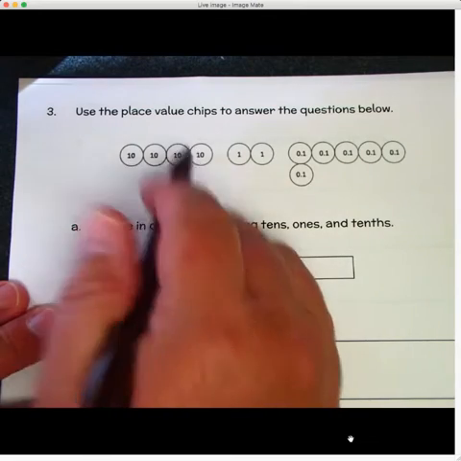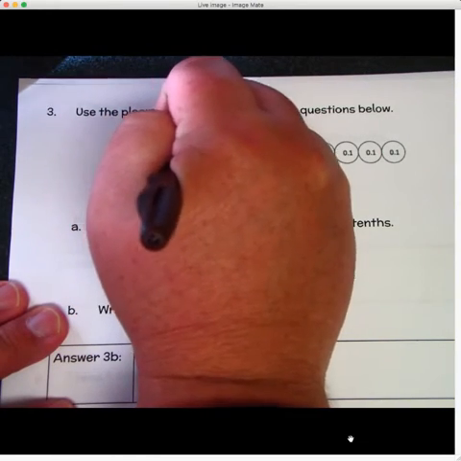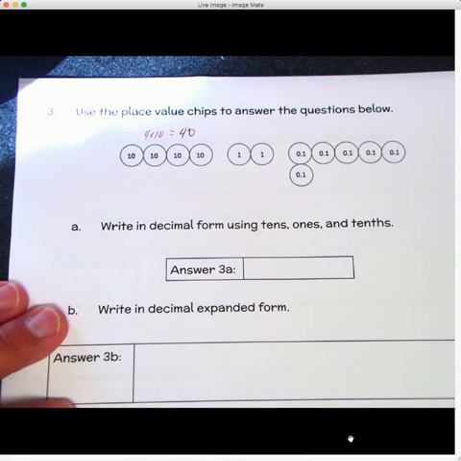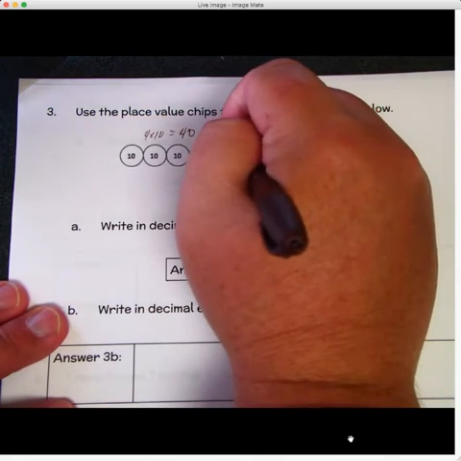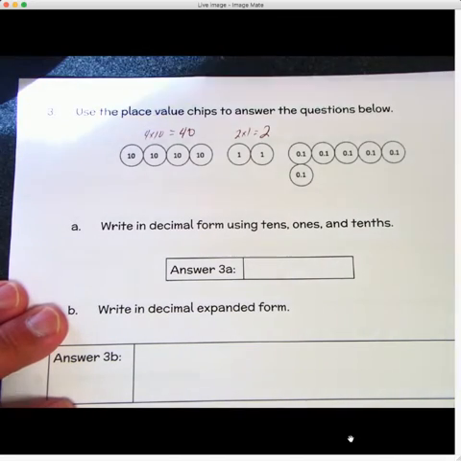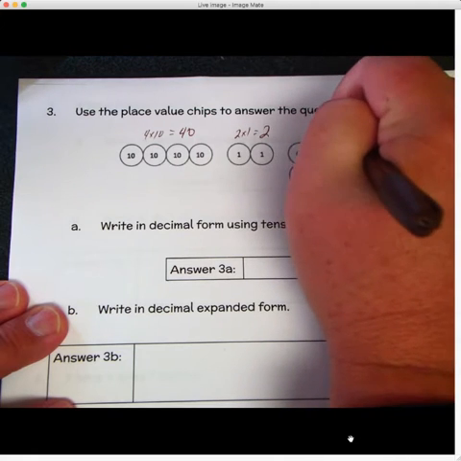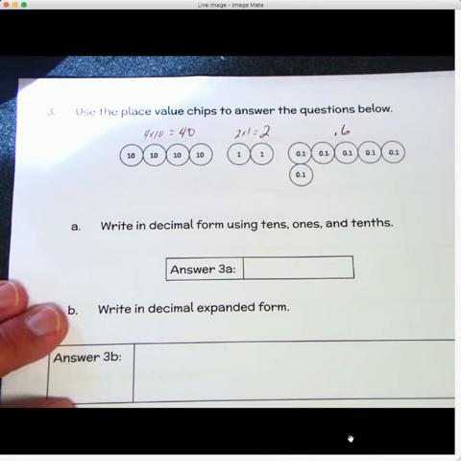If you have 4 tens, that's 4 times 10, and that's 40. I have 2 ones, that's 2 times 1, and that's 2. And I have 1, 2, 3, 4, 5, 6 tenths. So write in decimal form using tens, ones, and tenths.